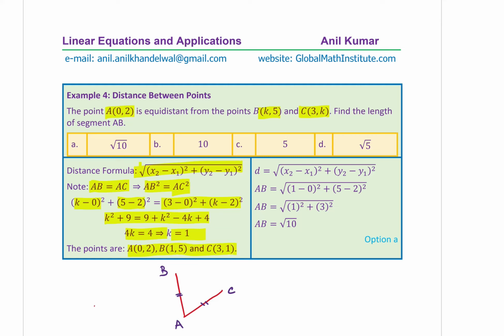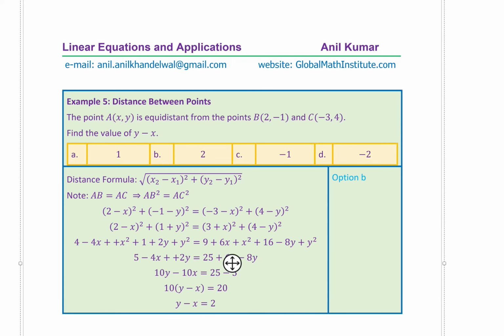Correct? Once you get B and C, you can find the distance between AB or AC. So I found the distance from A to B and it came out to be square root of 10. So that is how we could do it. I hope you understand it is a two-step question where first you have to find the coordinate points B and C and then the distance, correct?